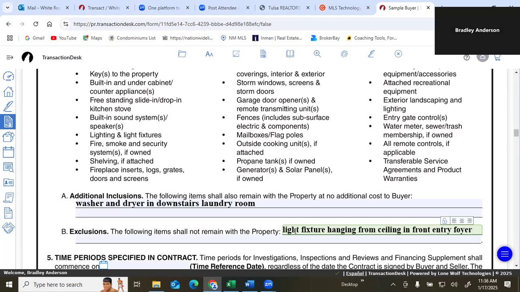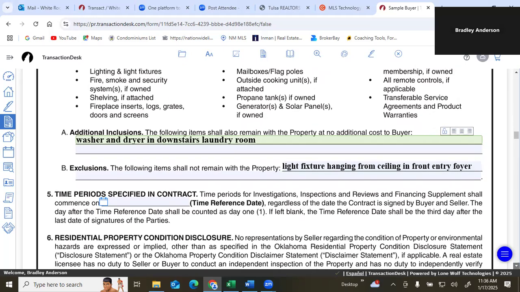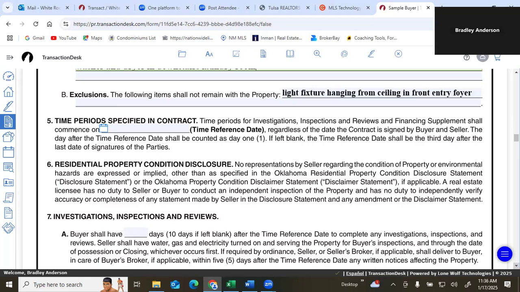All right. And maybe that was listed in the listing or through conversation between the buyer agent and seller agent that was expressed. All right. So that way the buyer knows, hey, they're taking that with them. Now, mind you, if the seller does that, they're not supposed to leave a vacancy in that light fixture. They have to replace it with something. All right. So just FYI.